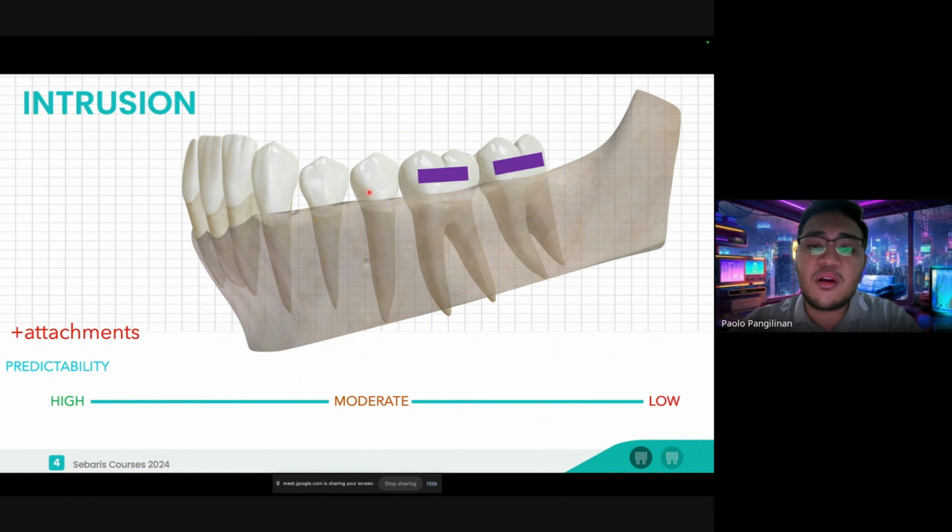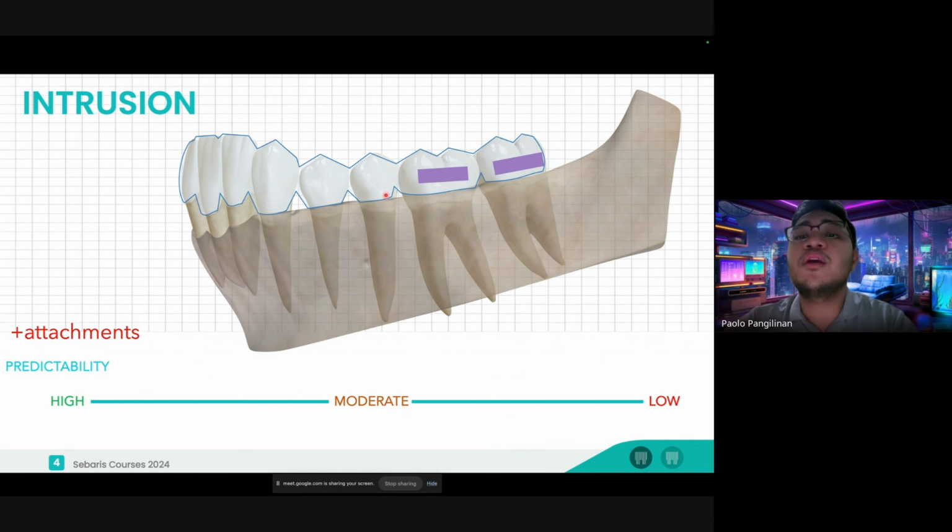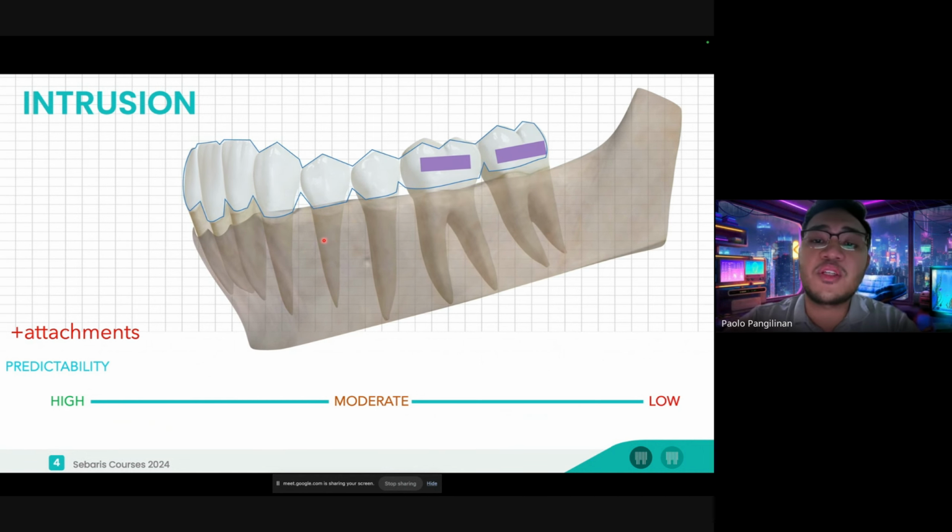It's like your reverse curve of Spee, but translated into aligners. So basically, if I want to intrude this one, there's a push going on here, but because of the third principle of anchorage, for every action, there is an equal and opposite reaction.